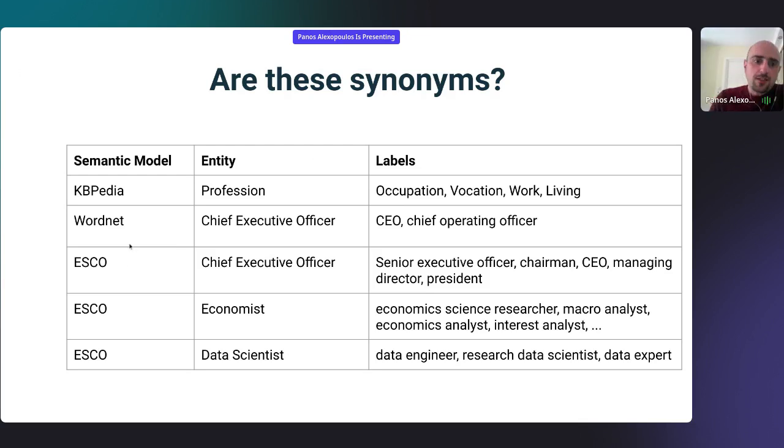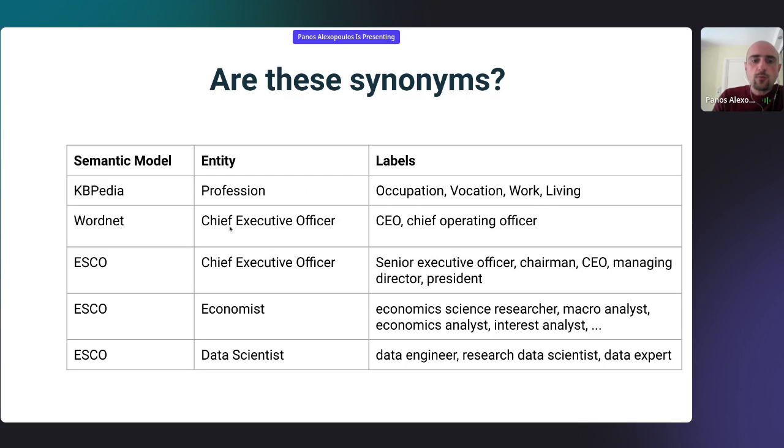For instance, in KBpedia, which we will see more of later, there is the class profession, and it has as labels occupation, which is correctly a synonym term for profession, vocation, work, and living. This is an interesting choice because you can say that work might be, although it's a bit doubtful whether it always means a profession, but living definitely means something totally different. Living is not the same as a profession.